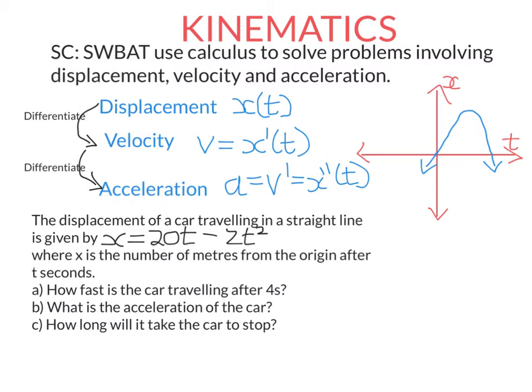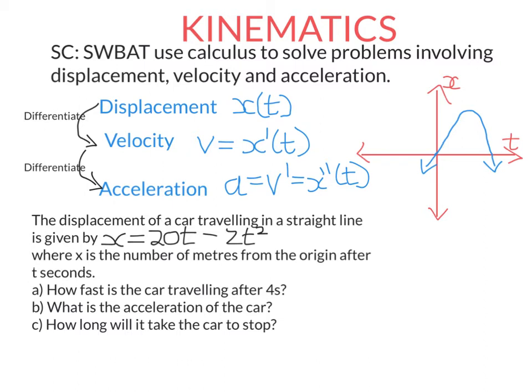So this function looks like this, but the car isn't going up and then coming down. The car's actually traveling in a straight line. What's actually happening is the car is going in this direction, and then it stops, turns around, and comes back in the other direction. This is not the path or the trajectory the car takes.